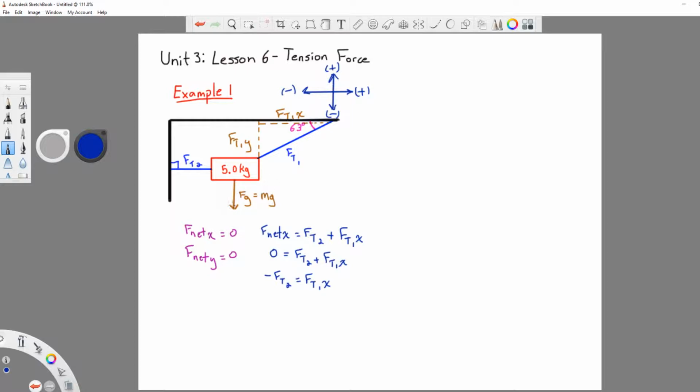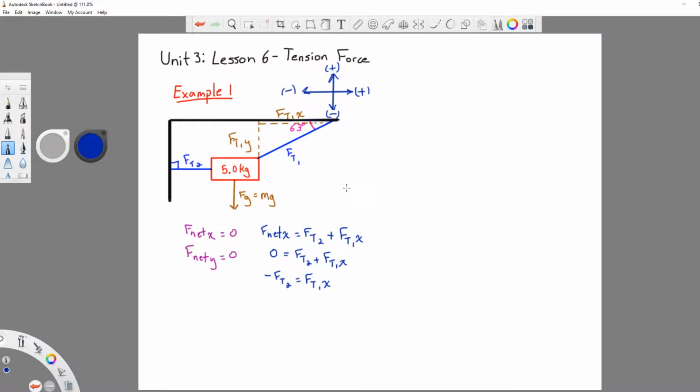So really this negative FT2 is saying that the magnitude of FT2 is going to be equal to the magnitude of FT1x, just in opposite directions. That's what that is saying.